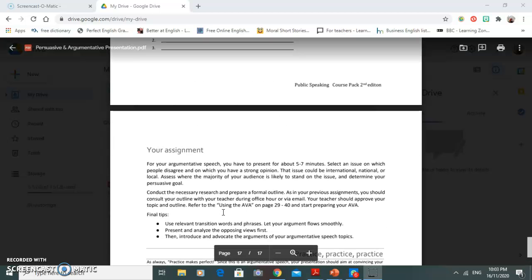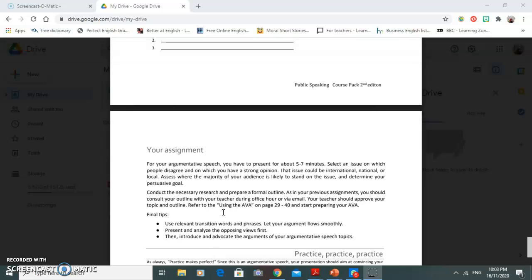Alright, so for today's lesson, what you need to do is to review your proposed topic, whether it is controversial enough or not to be presented as an argumentative presentation.